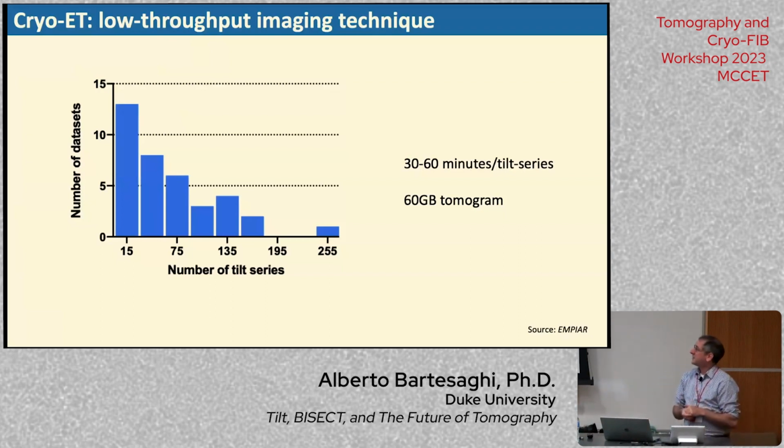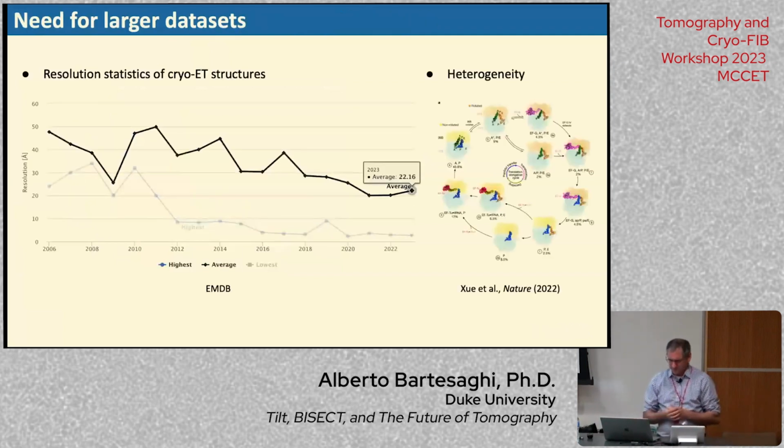You probably see that when you go to the microscope, just collecting a single tilt series can be very time consuming, especially if you do it properly and want to get high quality data. It can take anywhere from 30 to 60 minutes, depending on how careful you are. Also, these are very large data sets, so you need to have a lot of storage available. Those are some of the reasons why these data sets have traditionally been quite small.